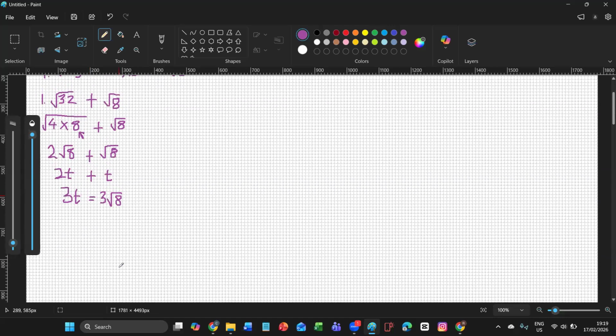Do you understand what I just did back here? Yes, sir. Okay, good. Now, this is what I was trying to say. You see root 8 can still be broken down. So root 8 can be broken down into what? 4 times 2, a perfect square and a non-perfect square. So that means we're not done yet.